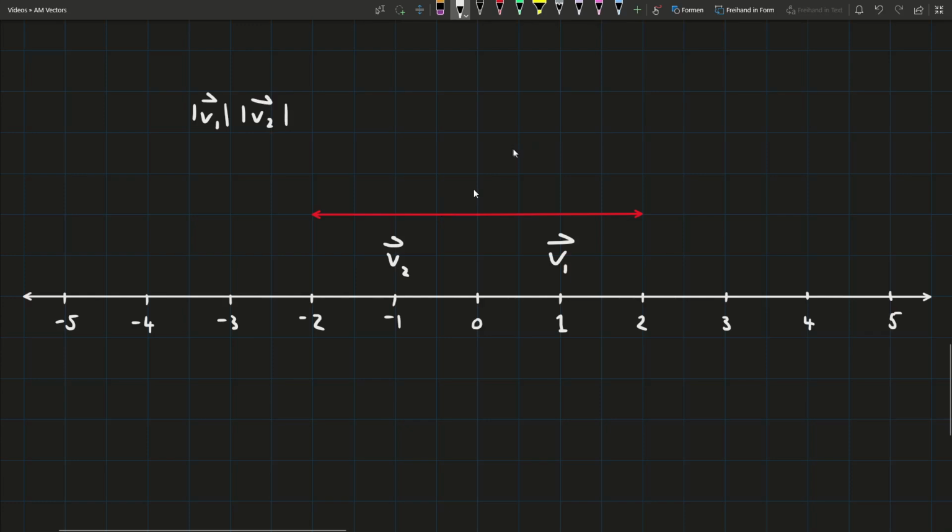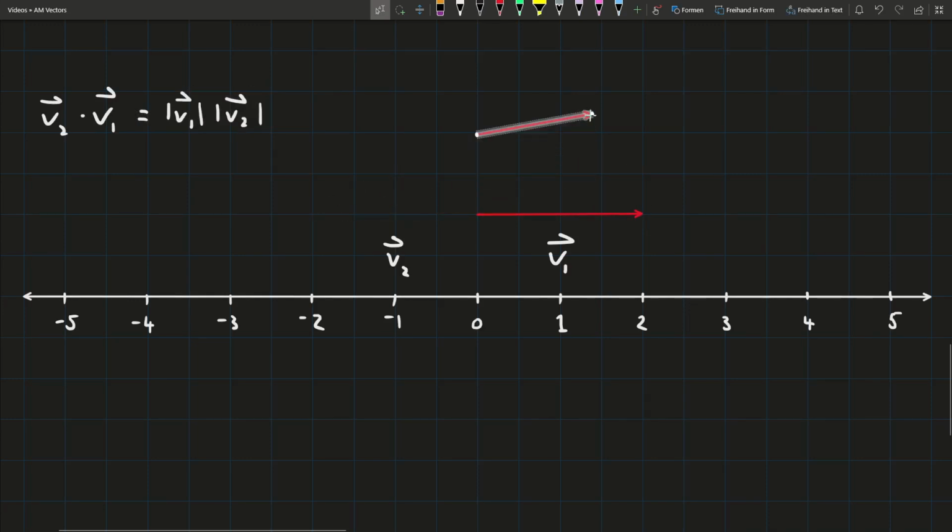We don't know what the angle is yet, and let's just call the product of these two vectors equals this. Now we're not done yet, obviously. That'll give us the number, but then what determined if we had a positive or a negative? Well, if the angle was 0 degrees, then we had a positive, and if the angle was 180, we had the exact same number, except we made it negative.